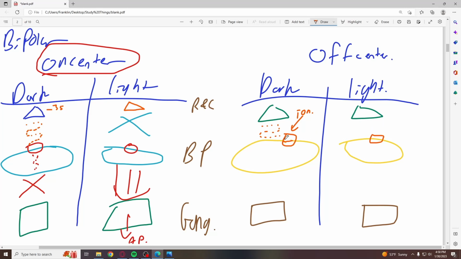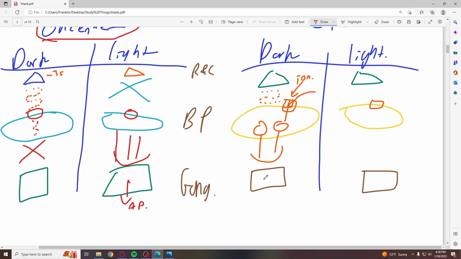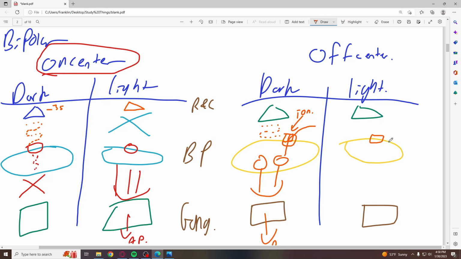What this is doing is telling the ionotropic receptor to open, letting cations in, and again, cations means calcium also, and so the synaptic vesicles within will release, sending glutamate to the ganglion cells, which will turn into action potentials. And so in the light, if there's no signal, there's no signal here.